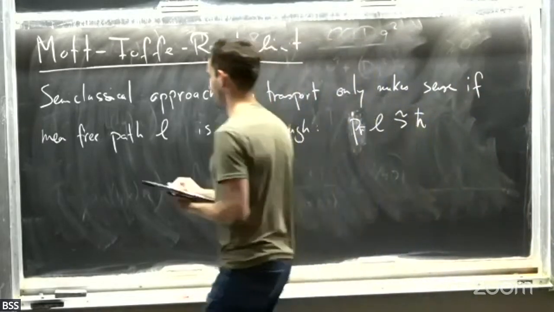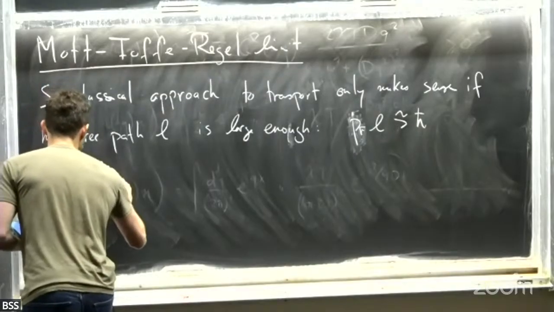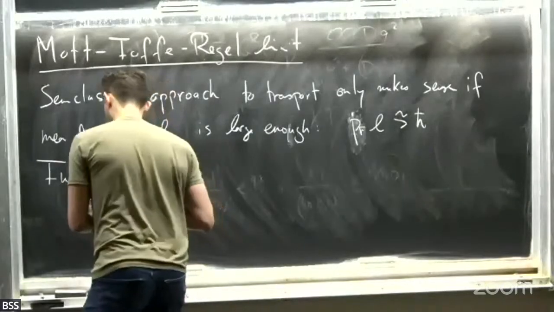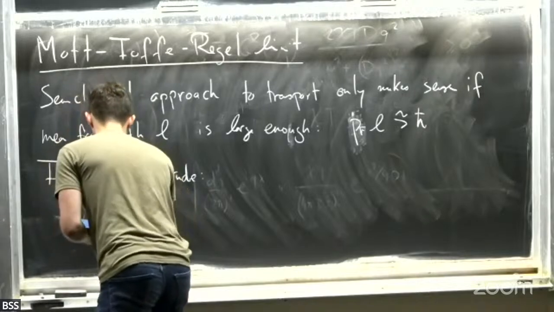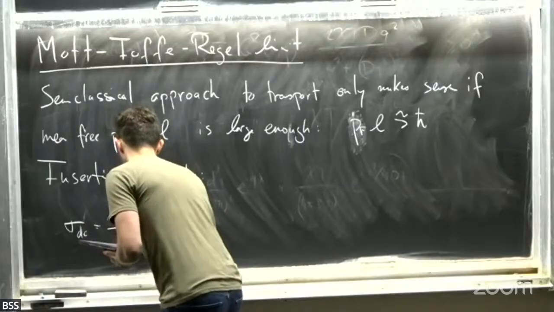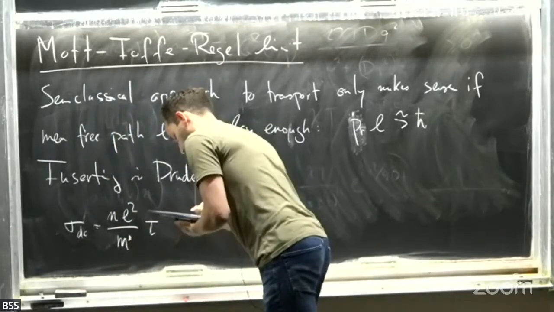Okay, and inserting this in the Drude formula will give us a limit on the conductivity for it to be describable by quasi-particle transport. This is the Drude formula for conductivity that we talked about with Benjamin.